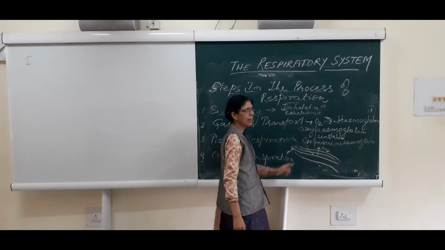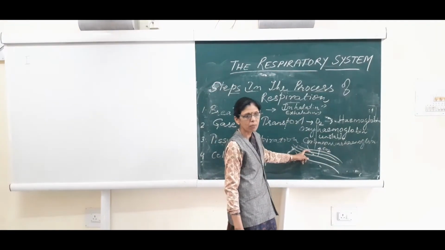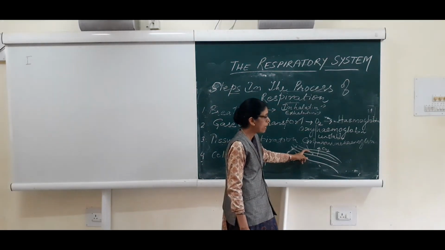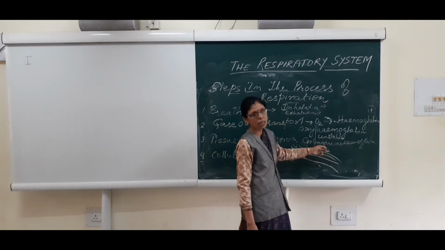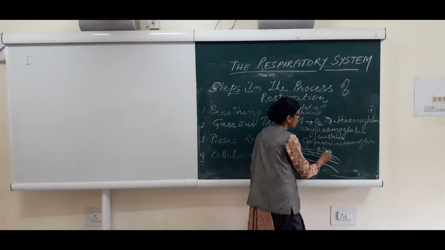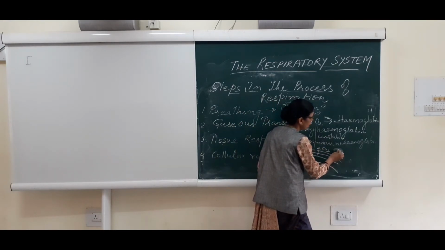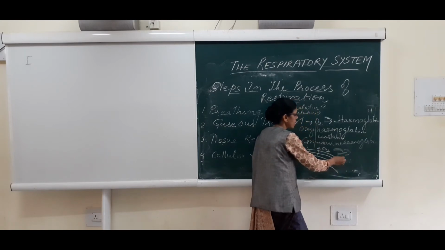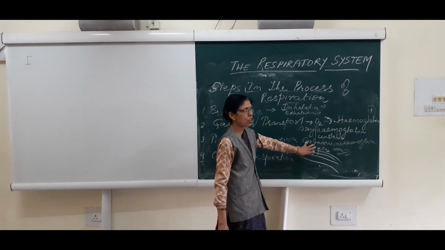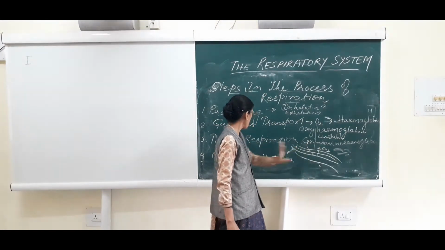Oxygen is carried by the arteries in the form of oxyhemoglobin, and the CO2 is given out in the veins, and in between there are blood vessels called capillaries. They exchange the gases. So exchange of gases takes place.